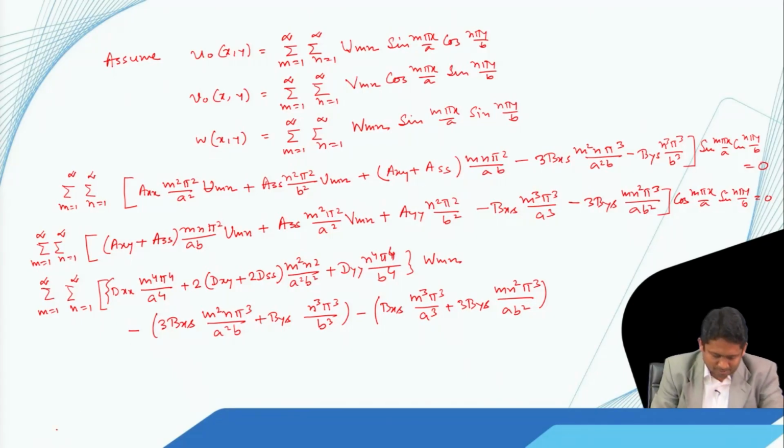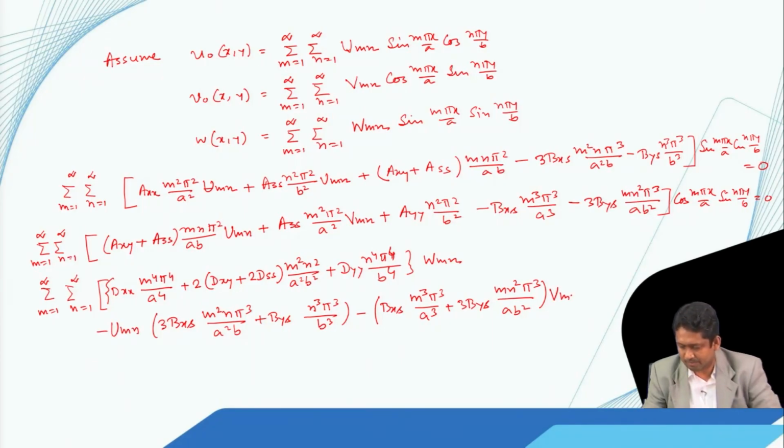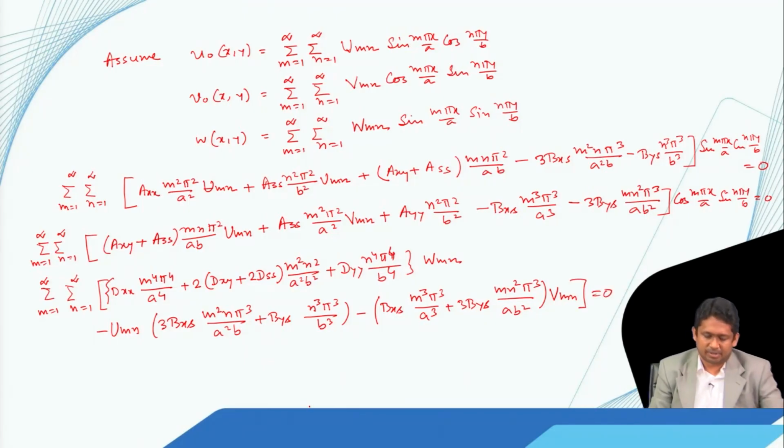So here we have to multiply that is missing, that umn. So we have to multiply umn here, and we have to multiply vmn here, and finally the sum is equal to 0.